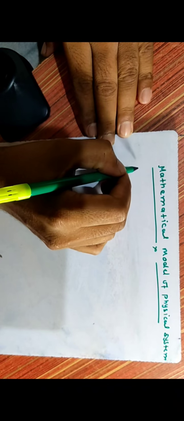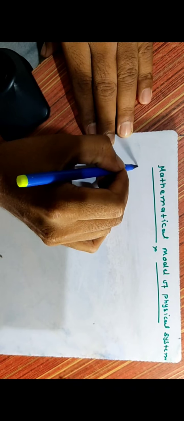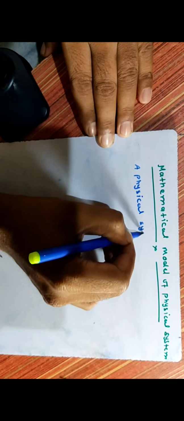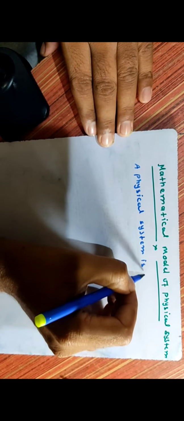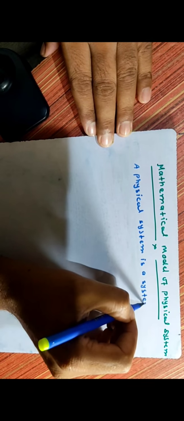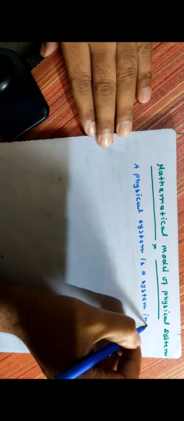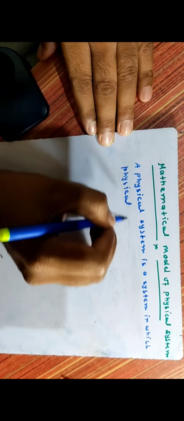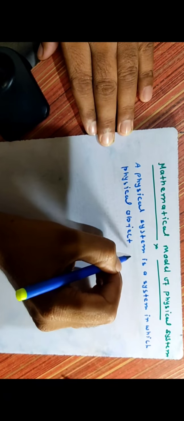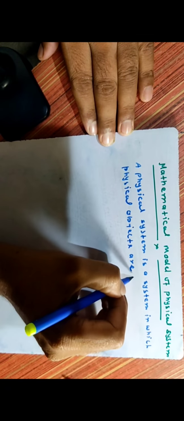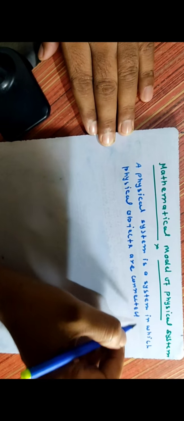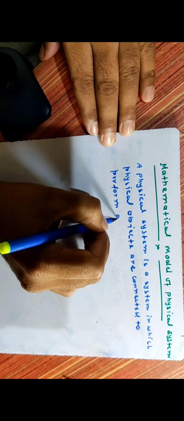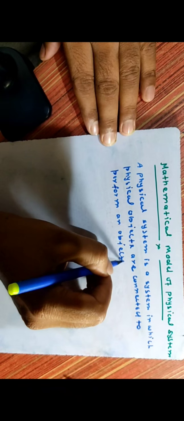By the definition, a physical system is a system in which physical objects are connected to perform an objective.